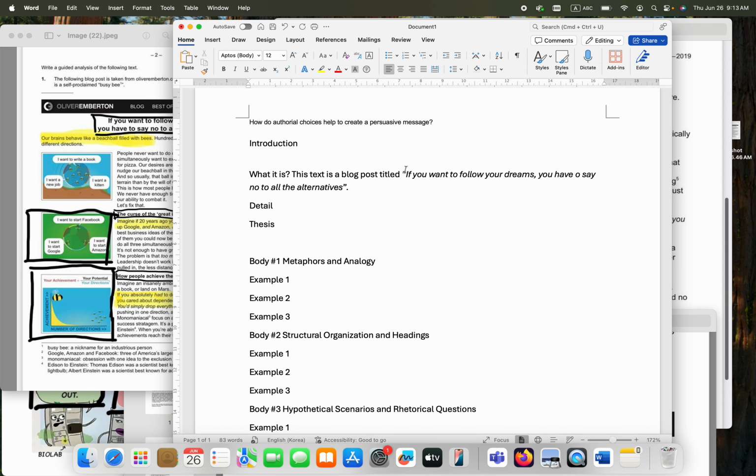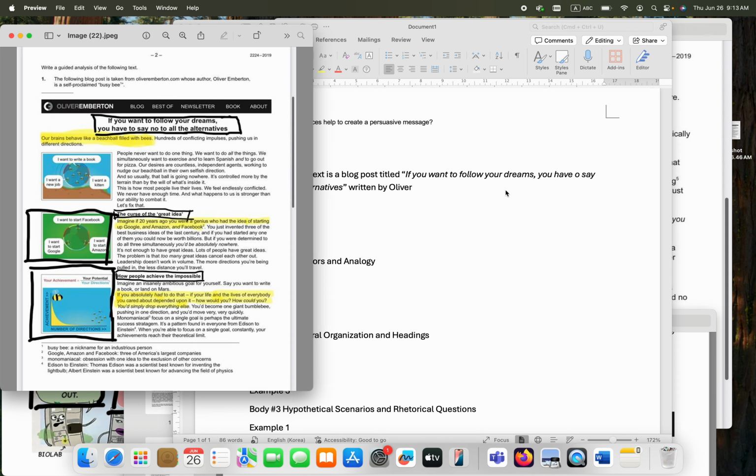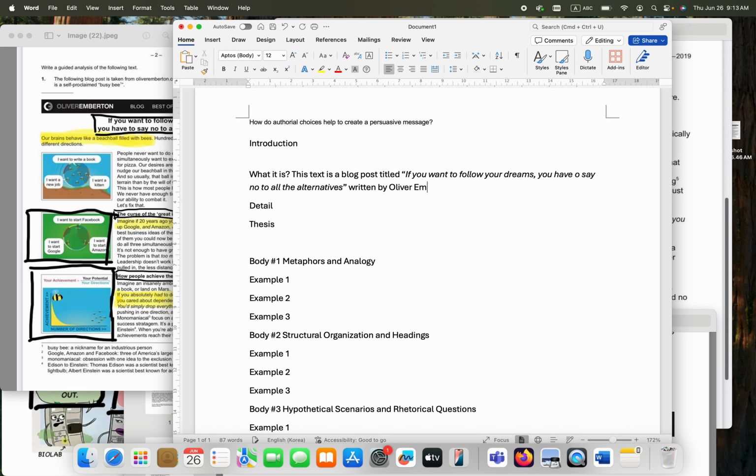You could italicize it, or if you're writing it like you would do on the test, just underline the title. And written by Oliver Emberton from his website, oliveremberton.com.